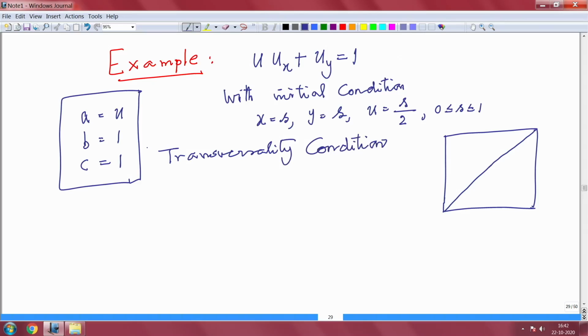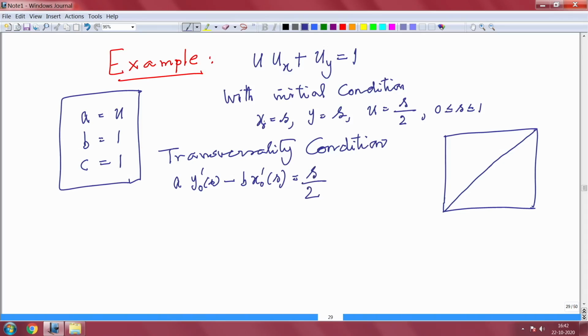A along the curve. A is nothing but u, and u is s by 2. So, a times y naught prime of s, everything is in s, minus b x naught prime of s.